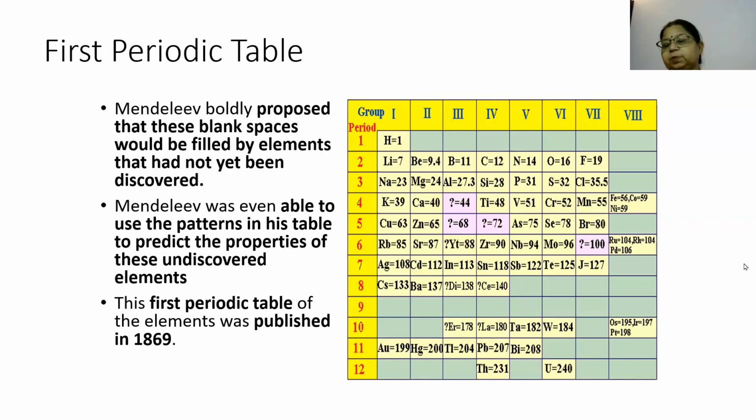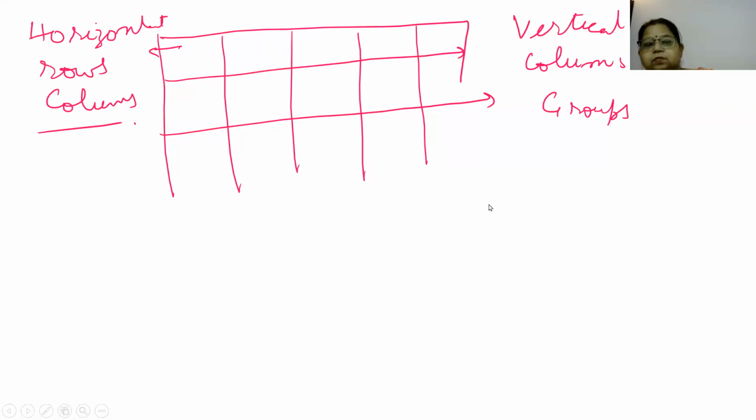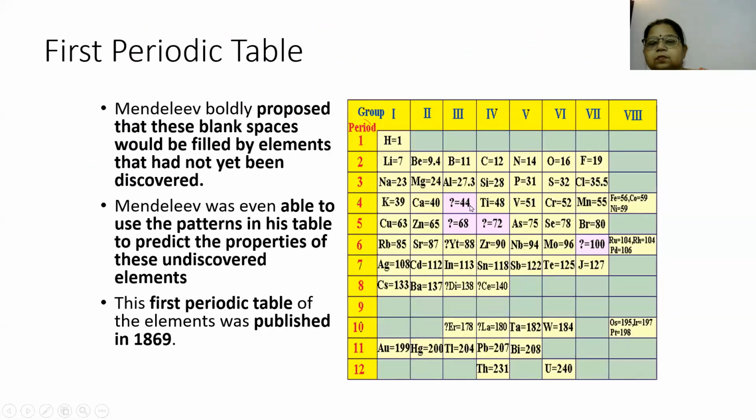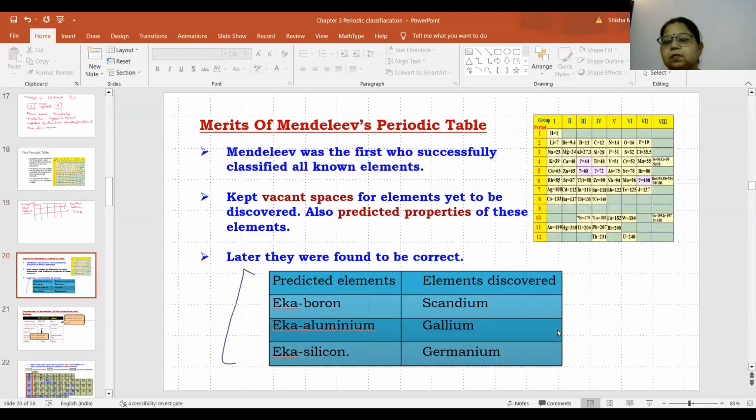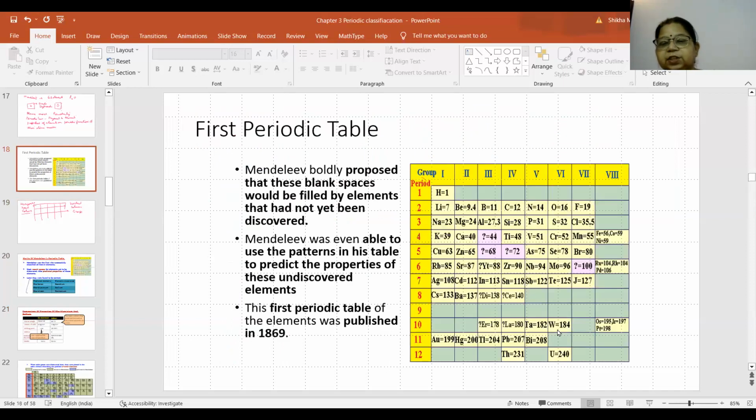In Mendeleev's periodic table, the main thing which we have to focus on is that, as you can see, at atomic number 44, he has put a question mark there. Can you see the question mark at 44? Yes, ma'am.